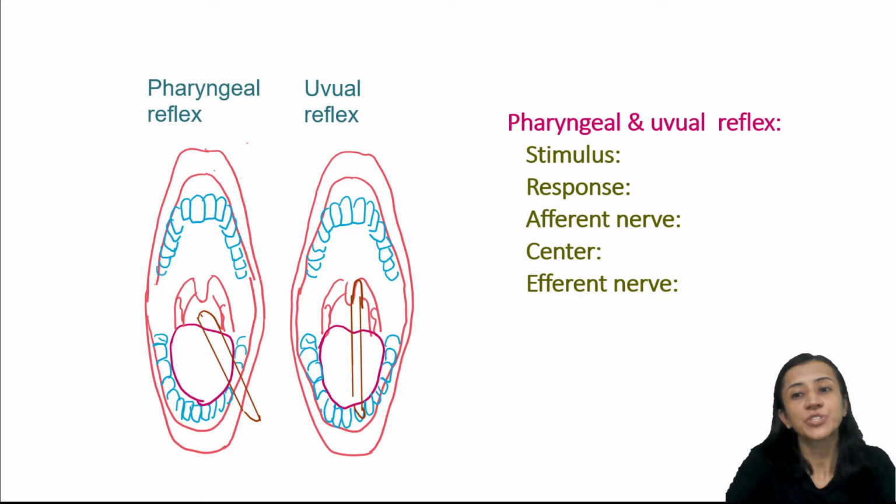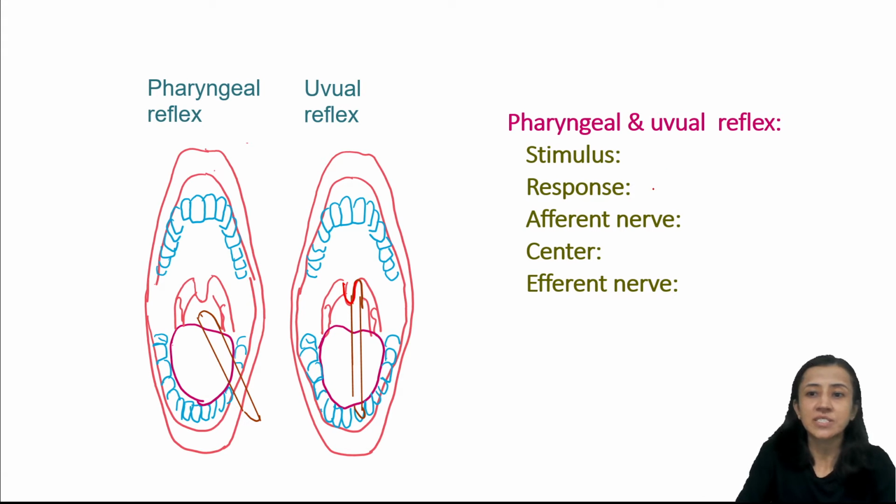Next, superficial cranial reflex, that is pharyngeal and uvular reflex. Here you have to touch the pharynx or uvula with the help of either a spatula or some other hard material. When you are touching or irritating the pharynx and uvula, what would be the response? That is gagging reflex.